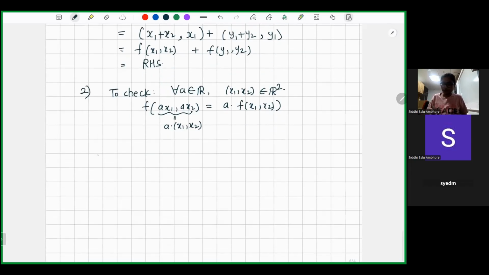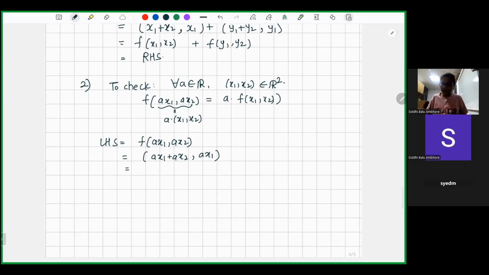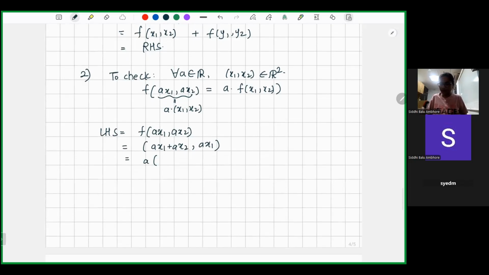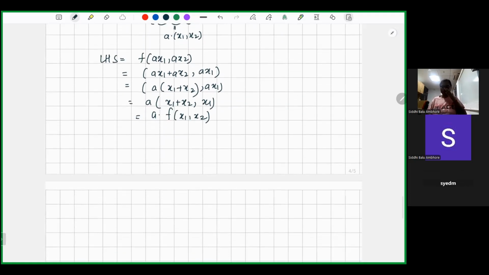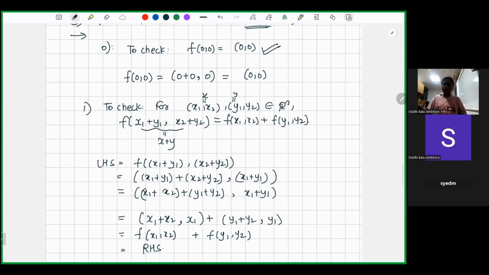So again we are starting with the LHS, that is f of a x1 comma a x2. This is equal to what? a x1 plus a x2 comma a x1, from the definition of the map. I can take a common from this: a times x1 plus x2 comma x1, and this is nothing but a times f of x1 comma x2, if you notice. So therefore all these three conditions are satisfied.